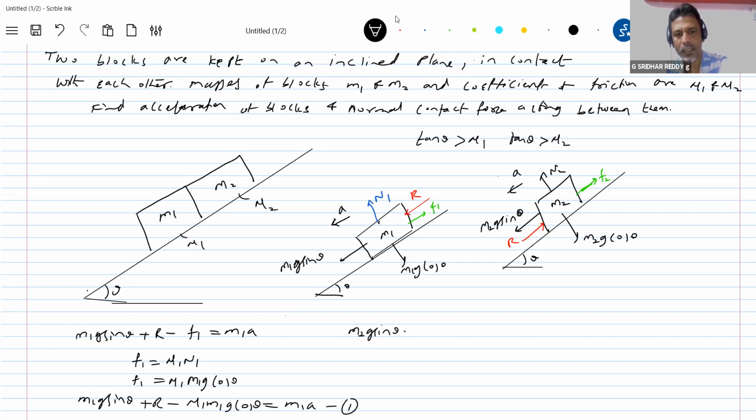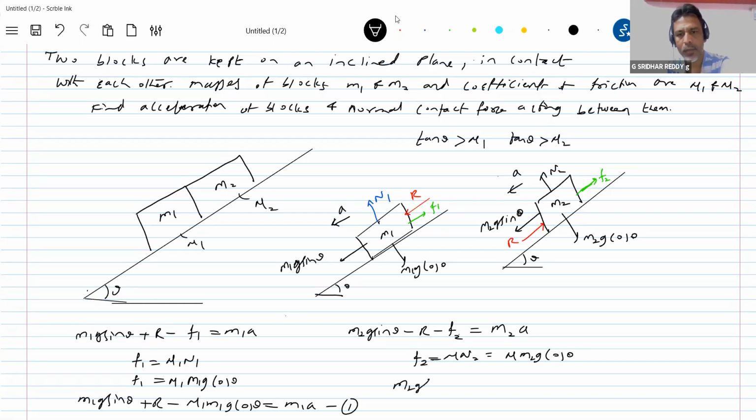Similarly, m2g sine theta minus R minus F2 equal to m2a. F2, let me write separately. F2 is equal to mu2 N2. N2 should be equal to m2g cos theta, so F2 is mu2 m2g cos theta.